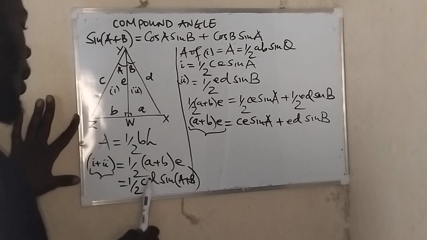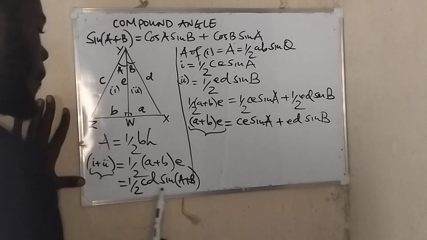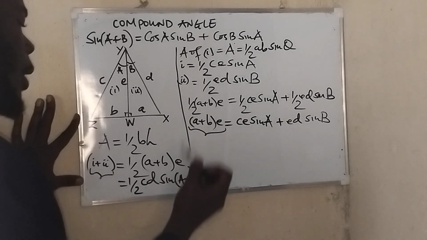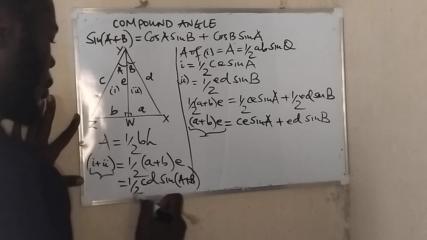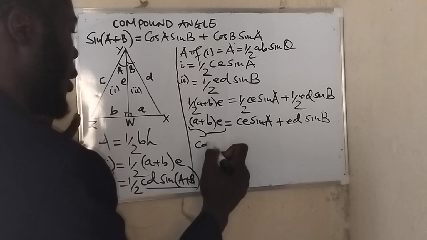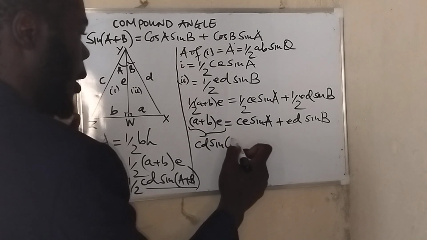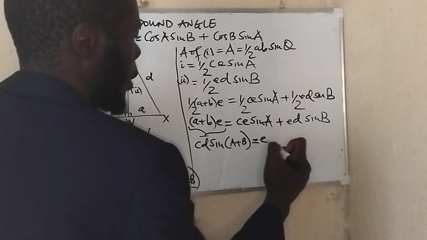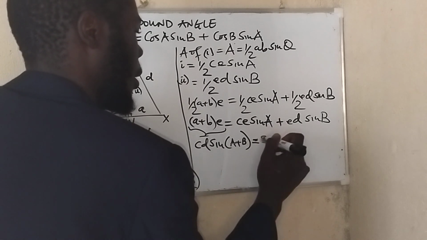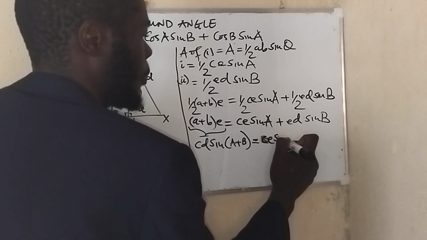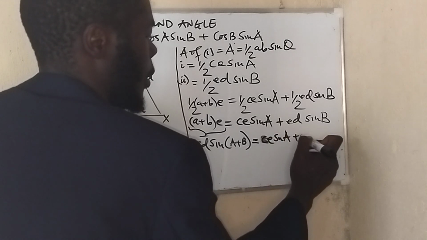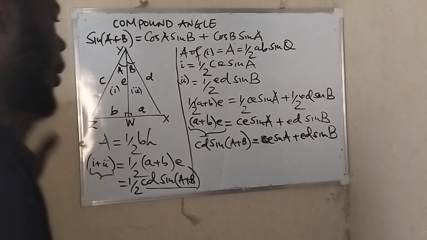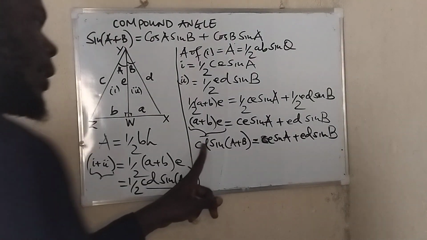So you have half CD then sine (A plus B). Since we have removed the half, we can replace this one with this one. So you have CD sine (A plus B), which is equal to CE sin A plus ED sin B. So you can divide by CD throughout.